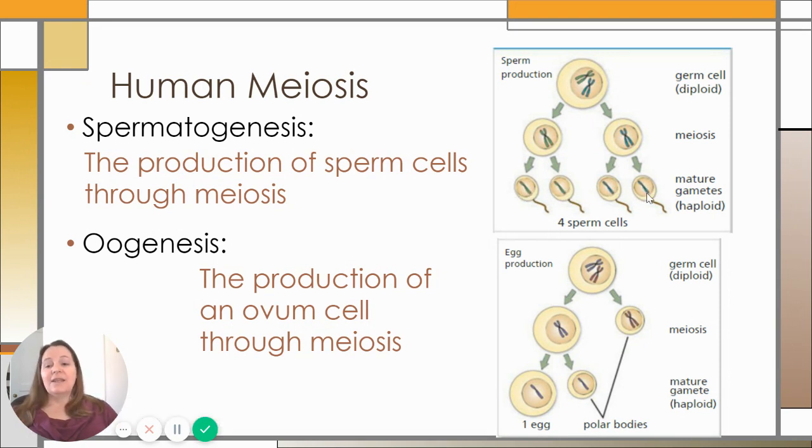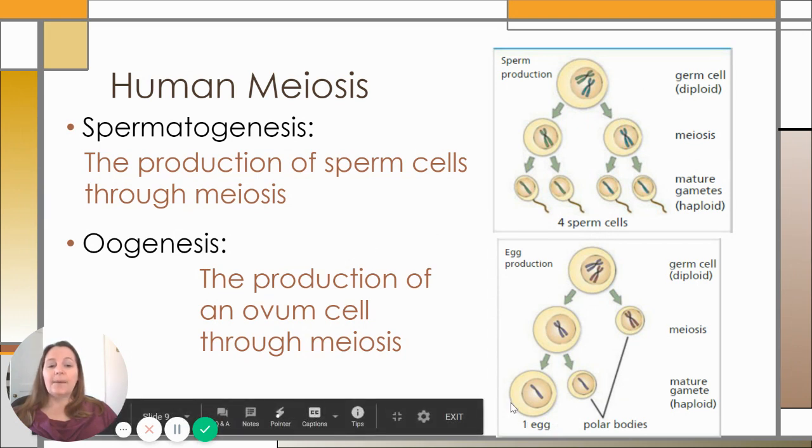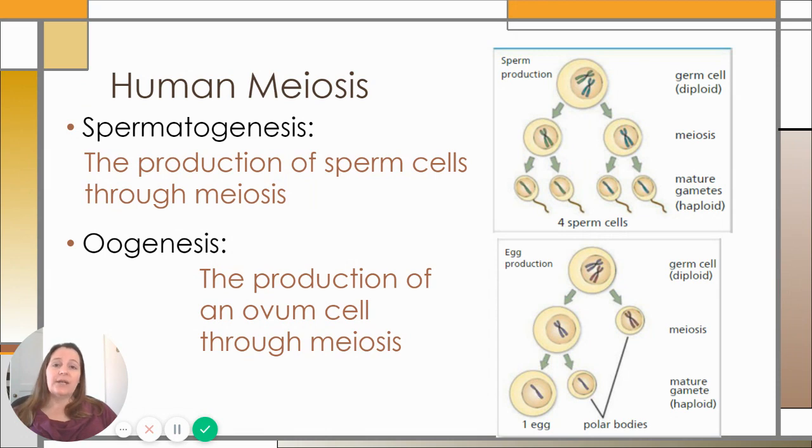The only thing in there is DNA. So when we create sperm cells, there are 4. When we create an egg cell, there's only 1, because that egg cell needs to have all of the organelles and all of the stuff necessary to create an embryo.